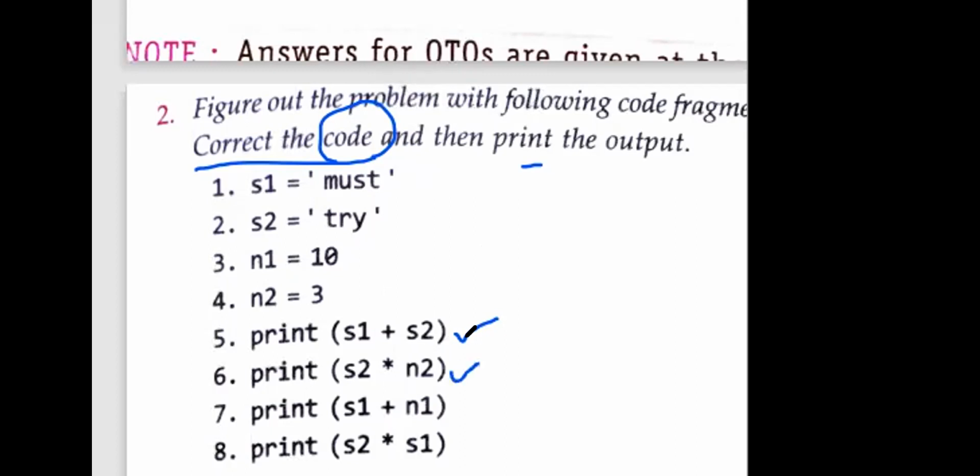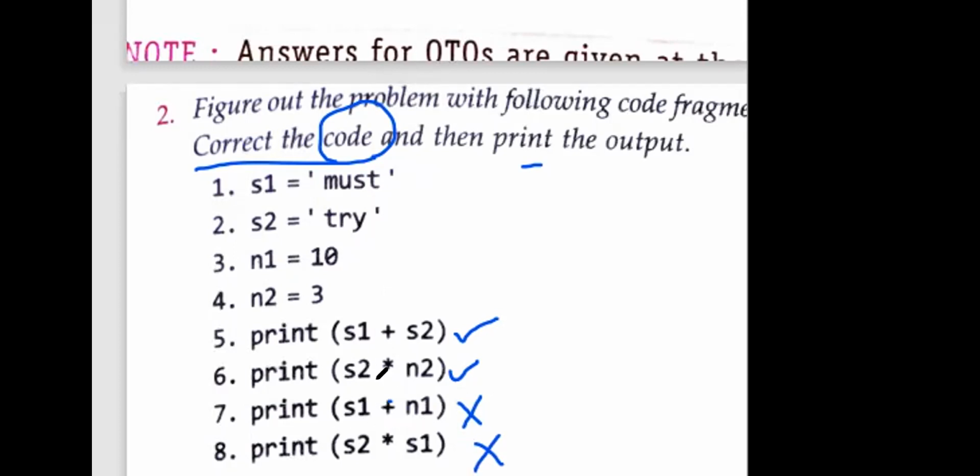Allowed. Then the seventh one is going to print S1 plus N1. Not allowed. String and numbers cannot be added. And S1 into S2, again not allowed. Now they are asking for the change.